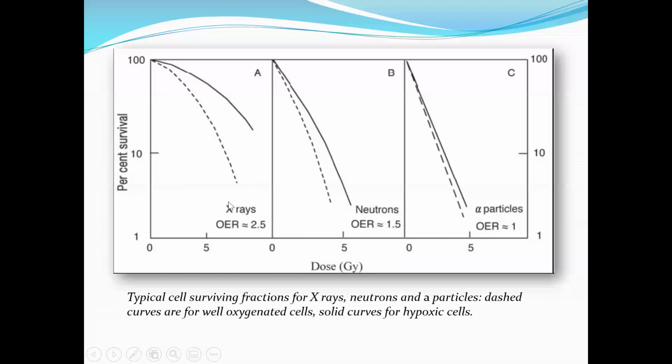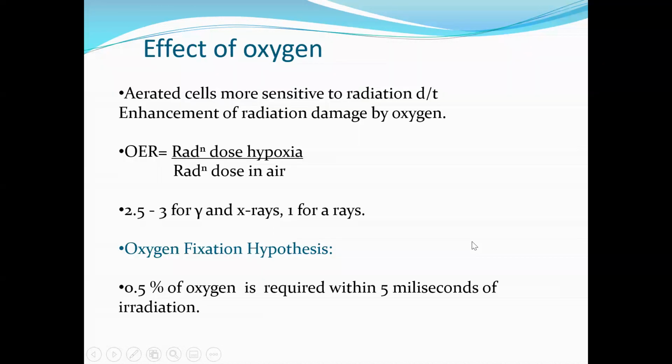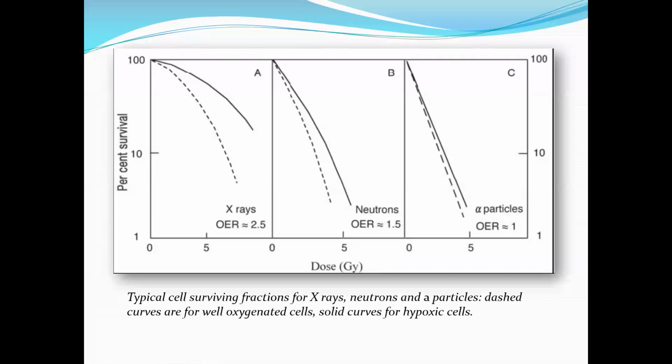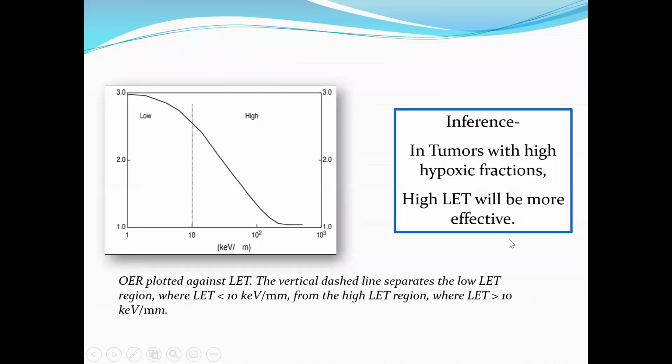See here, in X-rays, OER is 2.5, means if you have oxygen, the curve shifts towards the left. In neutrons, it is 1.5, and for alpha particles OER is 1. OER is the radiation dose in hypoxia compared to the radiation dose in air to produce the same effect. So in hypoxia, X-rays require around 2.5 times the dose, neutrons 1.5 times, alpha particles it doesn't matter.